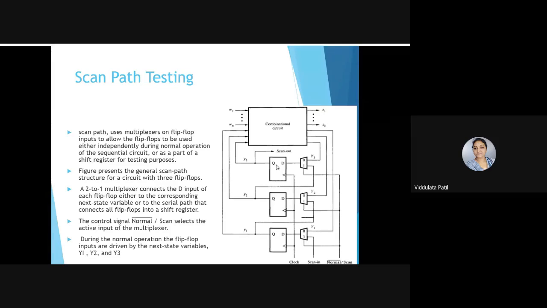Rishikesh, tell me how we test a combinational logic circuit. What is stuck at one? Rishikesh, are you there in the meeting? Snehal? Snehal Purani? Rishikesh More?